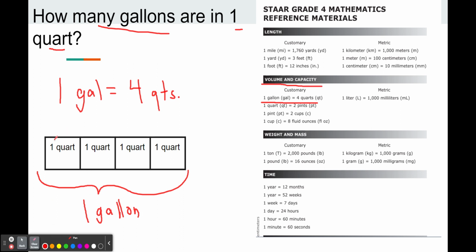So if I have 1 quart, I need to split that gallon into 4 equal pieces. So out of those 4 equal pieces, I have 1/4, because 1 quart is 1/4 of a gallon. So how many gallons are in 1 quart? Well, the answer is 1/4 of a gallon.